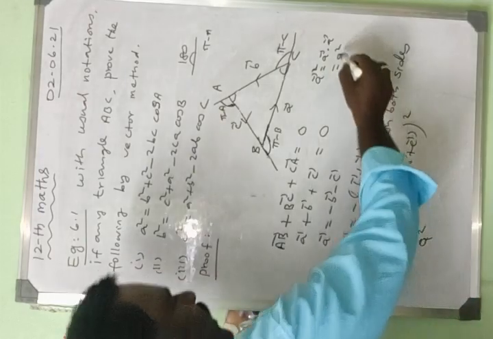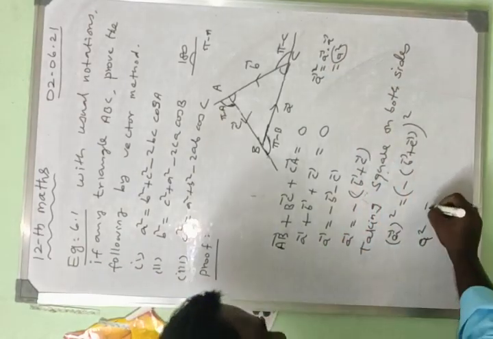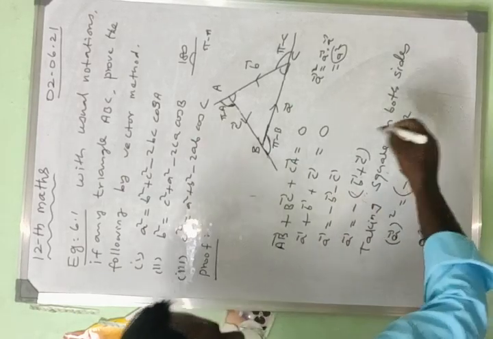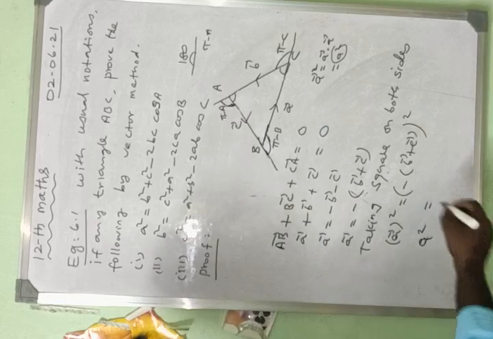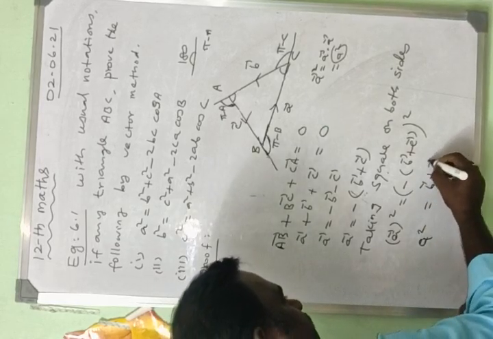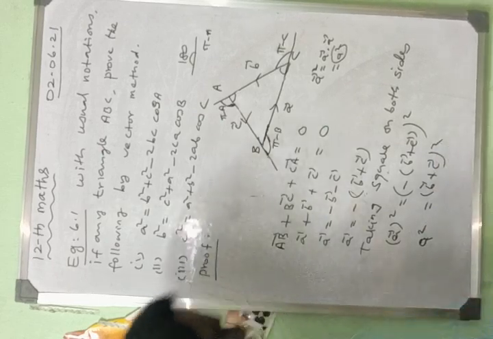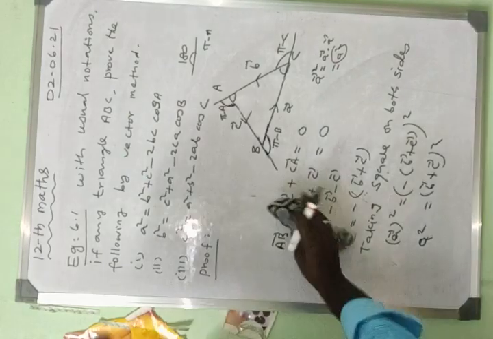This is a scalar. So both are equal. We can write A square equals minus square; minus into minus gives plus. So next we put here vector B plus vector C whole square. Very important, see here.